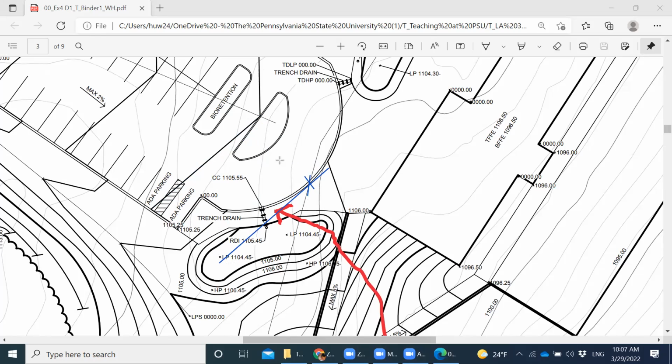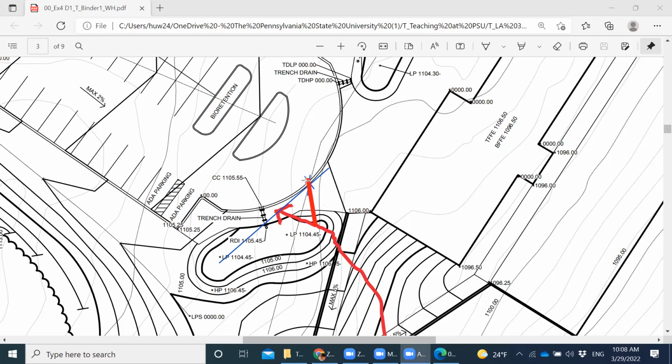Because this point has the largest distance to the next contour, right? This is where you have your trench drain. And then that goes across to here. It's the same example as I showed Jonathan, where your BC is actually your top of the trench drain.